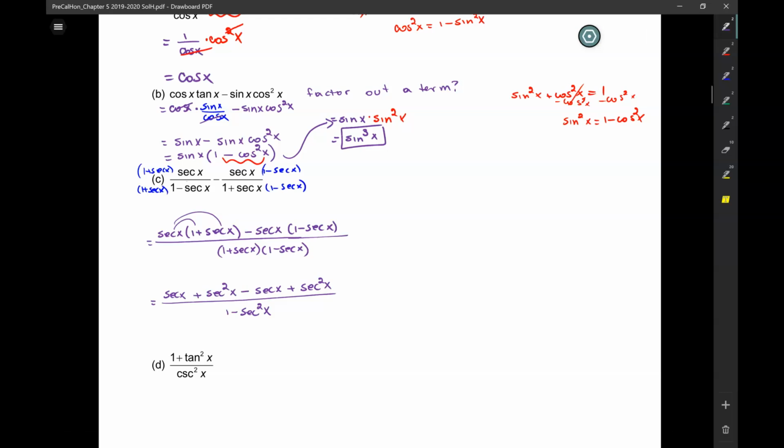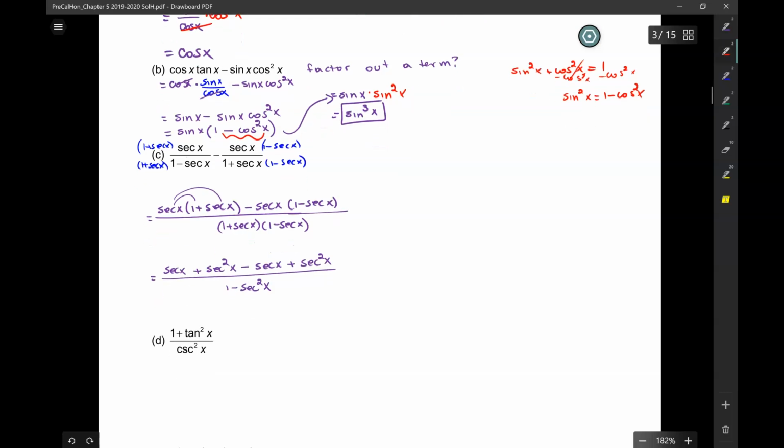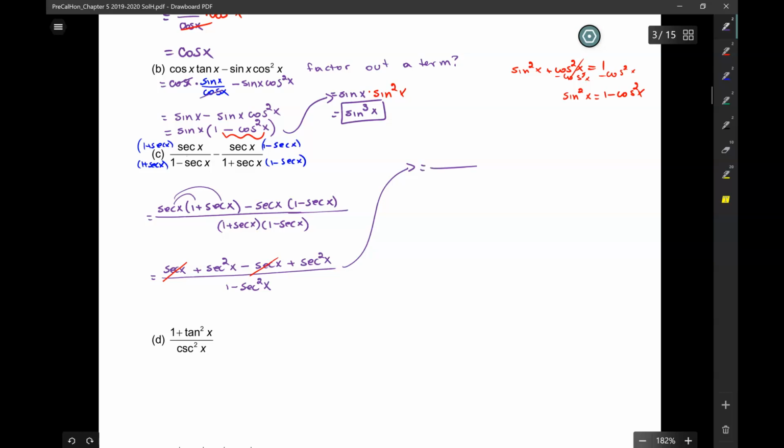Is it secant squared x plus secant squared x? Yes, it is. Now secant minus secant goes away, so what I have on top is 2 secant squared x over this.